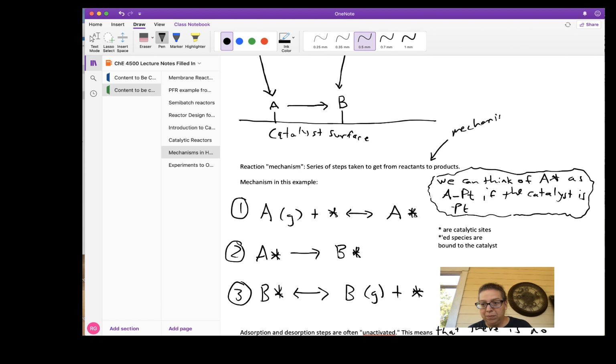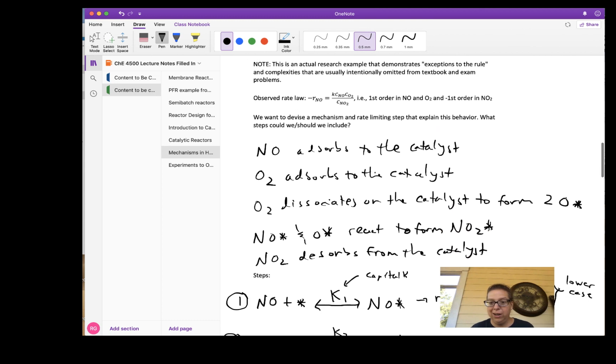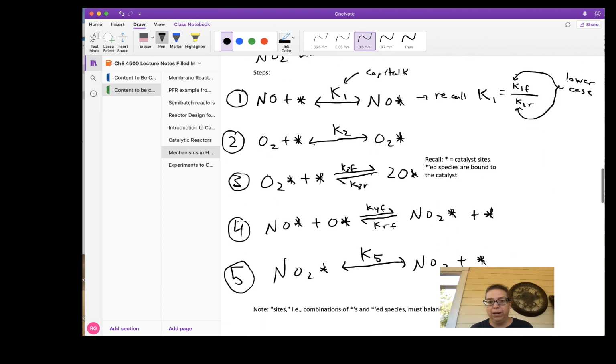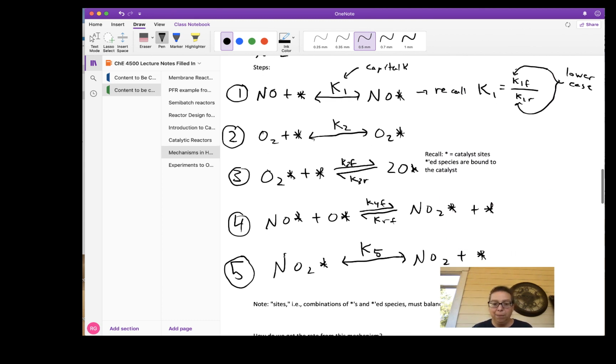Mechanisms are series of elementary steps. So when we break the reaction down into a mechanism, we're breaking it down into a series of elementary steps. That rule is rarely ever broken. So when you're assuming a mechanism, always write out the elementary steps.